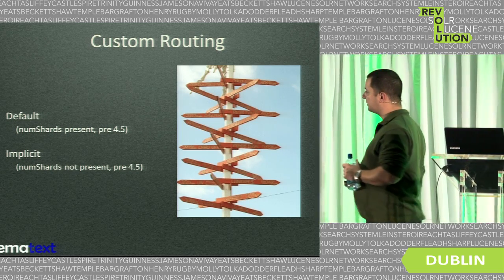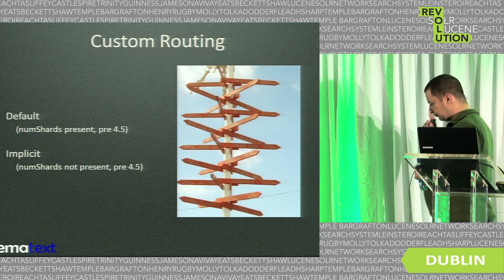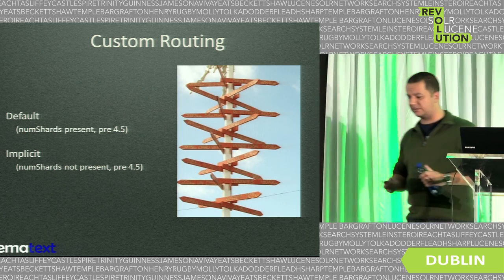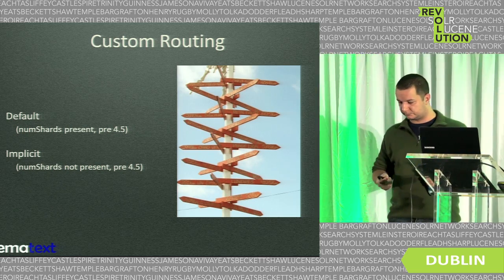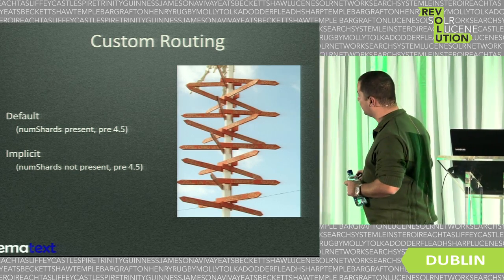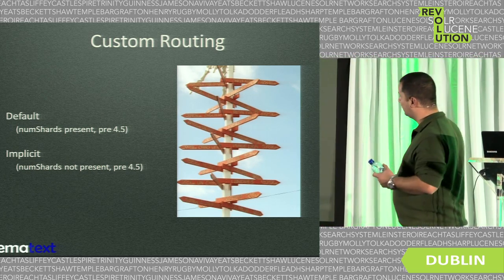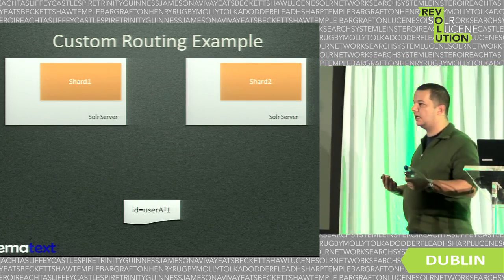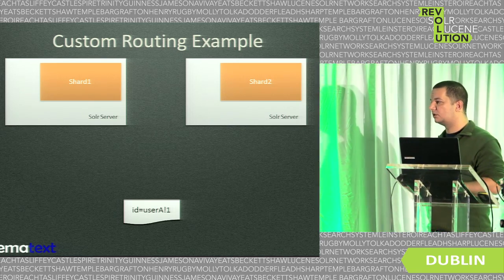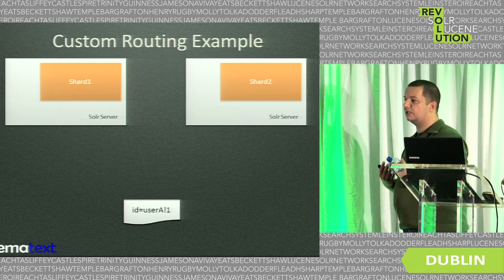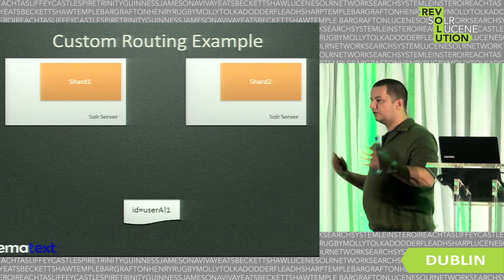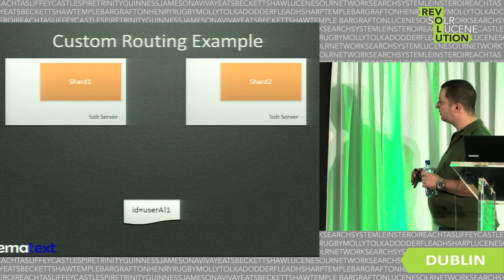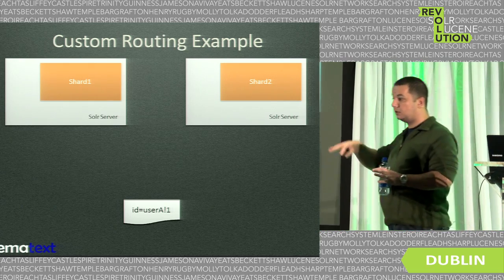However, sometimes default routing is not the best way to go, and we can use custom routing without specifying the num_shards parameter, and I'll show you how to do it and how to leverage it. For example, if we have multiple clients and we want to optimize our querying, so that during a query we don't have to send the query to all the shards to get the data for a single client, we would like to put the data of a single client in a single Lucene index, so in a single shard.